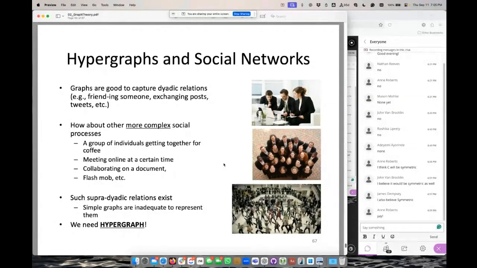So such types of relationships are considered supra-dyadic, or beyond dyadic, right? And regular social networks or graphs that we have seen are not adequate to represent such complex settings.